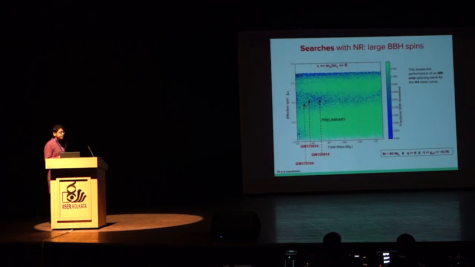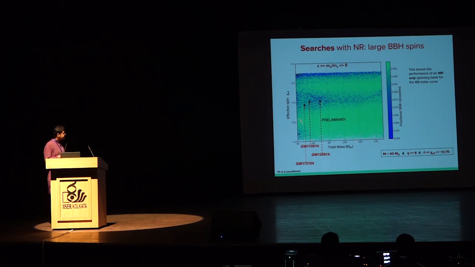So if we wanted, we don't do this yet, but if we wanted, we could actually search for binary black holes in gravitational wave data using NR data alone. So here, for example, I'm showing results from the suitability of a search with NR simulations alone, and we can certainly detect all events which have a total mass of 40 solar masses or higher, and spins on the two black holes of up to plus 0.7-ish or so, right?